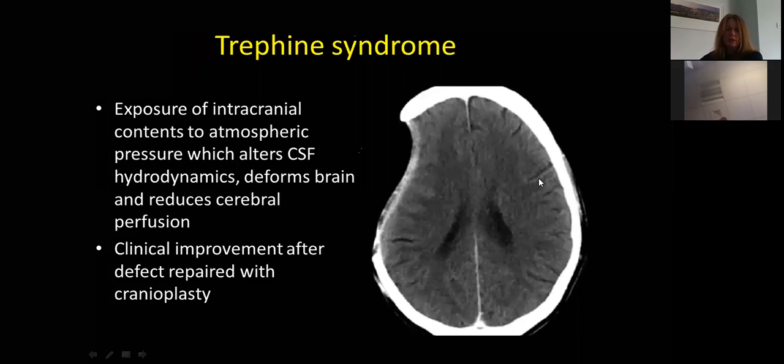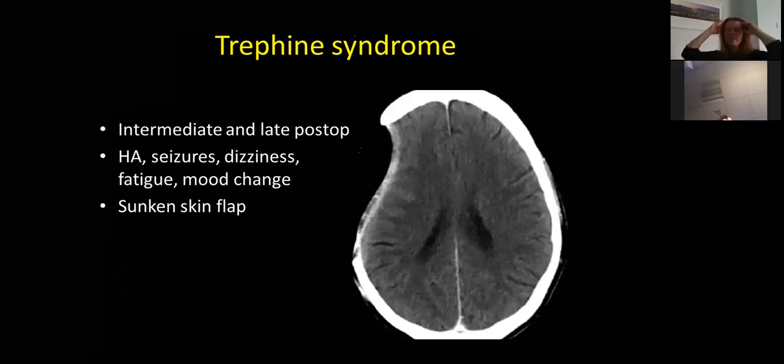And the final thing, well, two things I'm going to talk about. First, a sunken flap. This can occur, usually not early, usually at least a few days or weeks or late post-operatively. The patients actually have symptoms from this, and the skin flap will be sunken. So you have this appearance here.